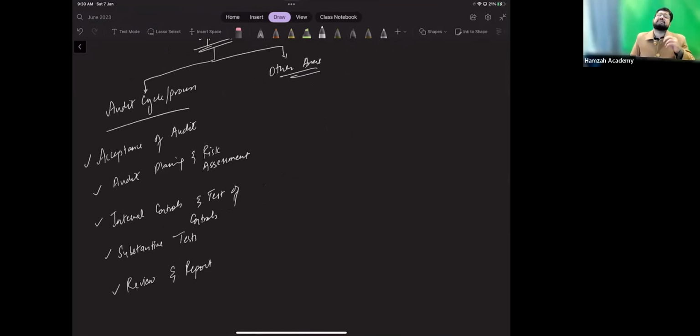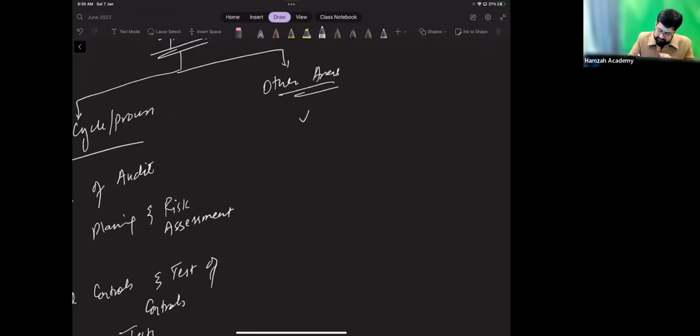From the exam point of view and syllabus coverage, this is almost 75% of the syllabus. If I say 80%, that is more appropriate: 80% of the conceptual content and exam paper coverage. Now, the other areas, what do they include?